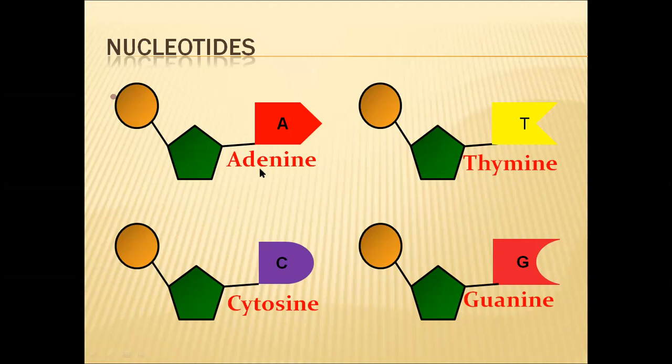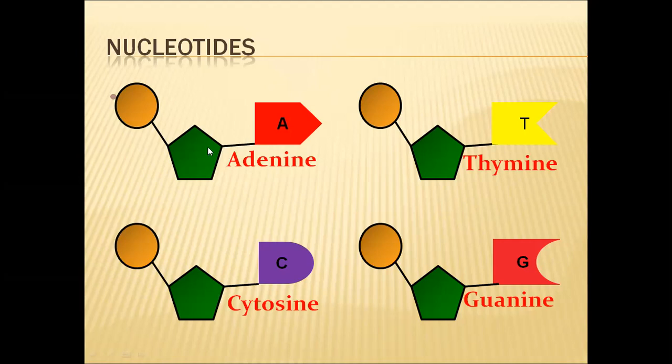So here we can say one thing: nucleotides required for RNA can be formed from ATP, UTP, GTP, and CTP. Why? Because when ATP loses two phosphate groups, it becomes AMP, which is the nucleotide present in RNA.